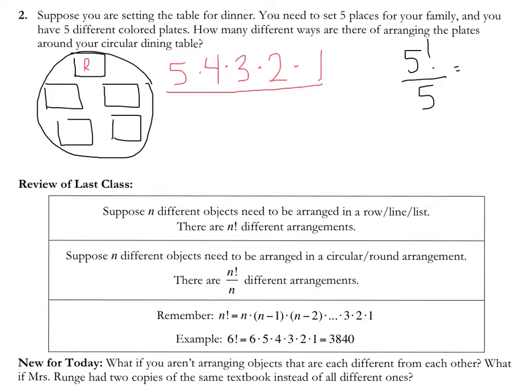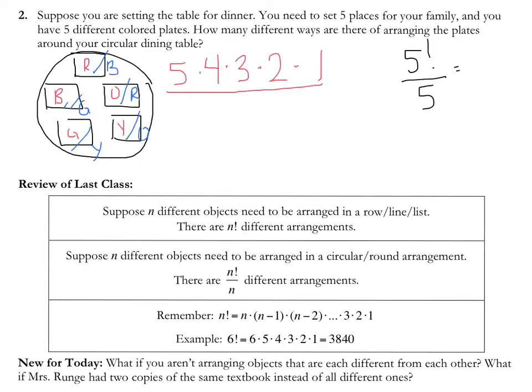Suppose that this place setting was red, this was orange, this was yellow, this was green, and this was blue. Now consider this arrangement instead. Suppose this one's red, this is orange, this is yellow, this is green, and this one's blue.